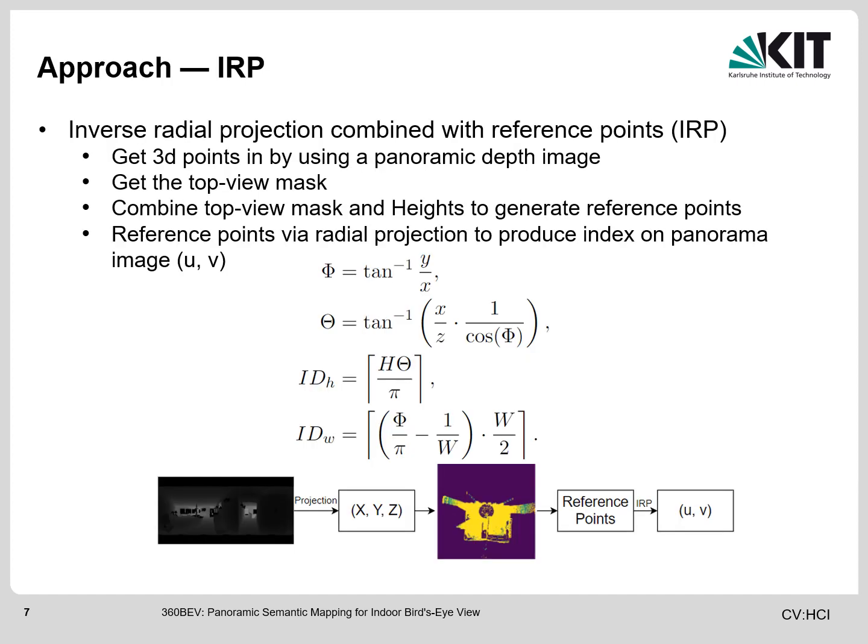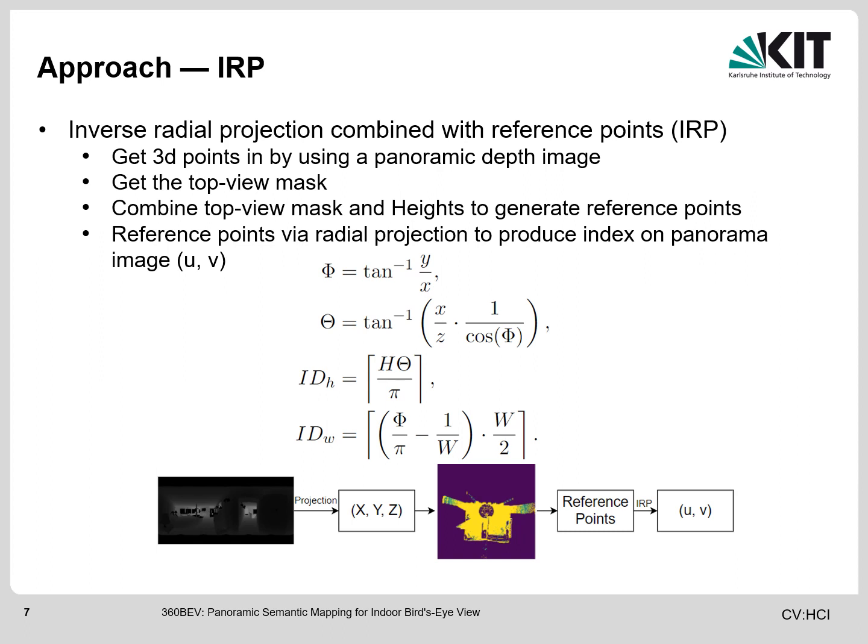Then I want to introduce the proposed flexible projection method, the inverse radial projection, IRP, for which the input of a panoramic depth is included. We can easily obtain a top view mask map by projecting from depth information. This mask map is then used to generate 3D reference points with a corresponding map height.